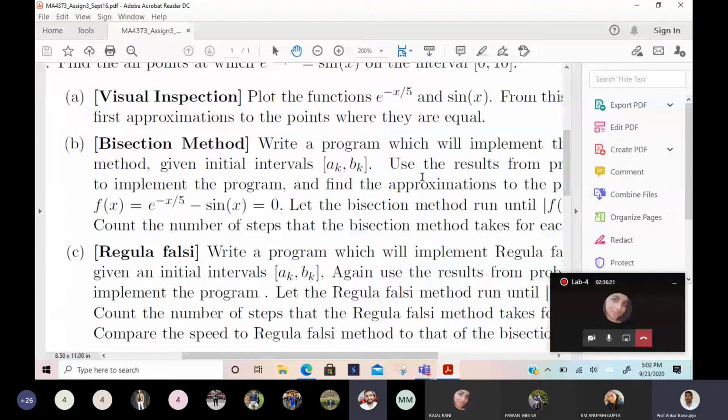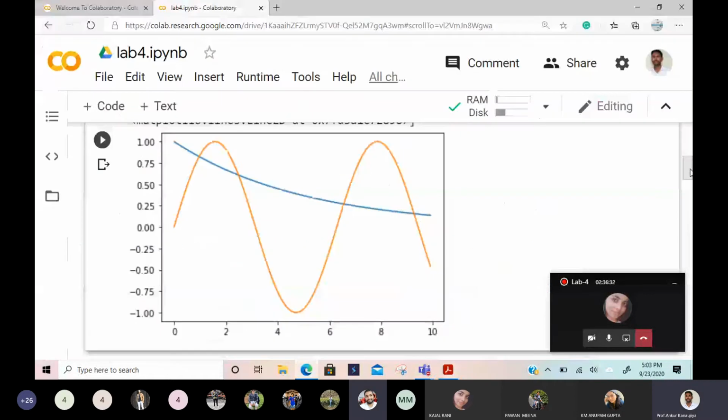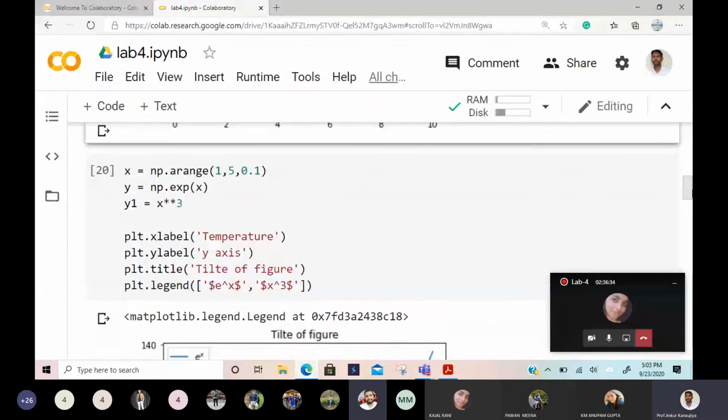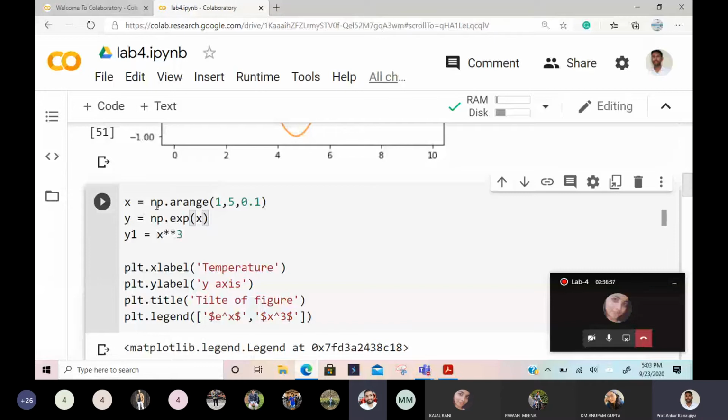So I'm going to start this bisection method. First we need this function, and I already told how to define the function. So I will define the function here. I will write the bisection method program.